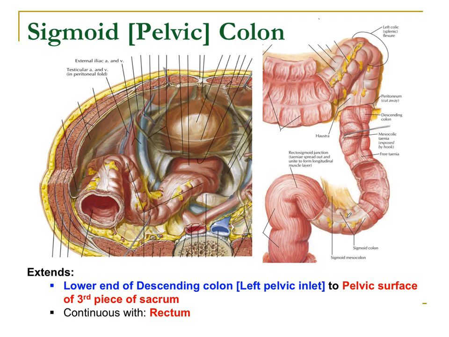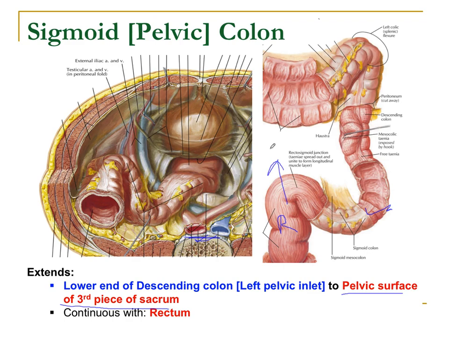If you see the extension of this structure, it starts from the lower end of the descending colon, somewhere from this region, and reaches up to the pelvic surface of the third piece of the sacrum. After that it continues as the rectum.